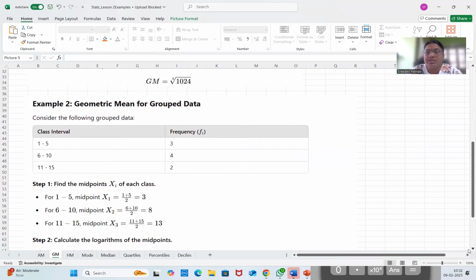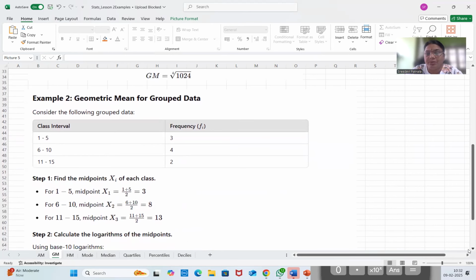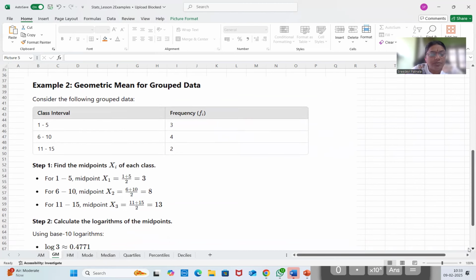When a frequency is given, you need to identify the midpoints. Midpoints are nothing but 1 plus 5, 6 by 2, so 3. Similarly, 6 plus 10, so 8, 11 plus 15, 13. So you can put one more column here and put xi values 3, 8, 13.